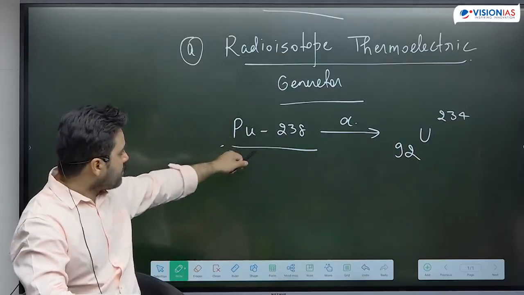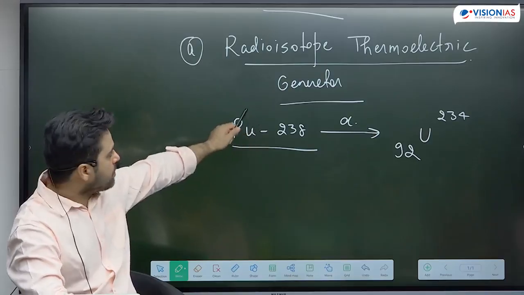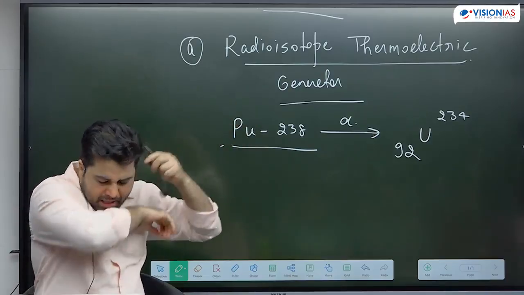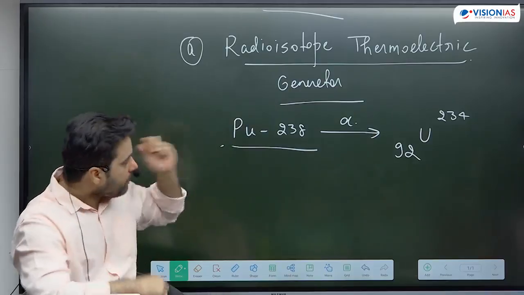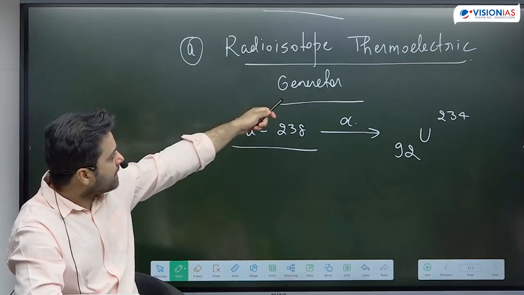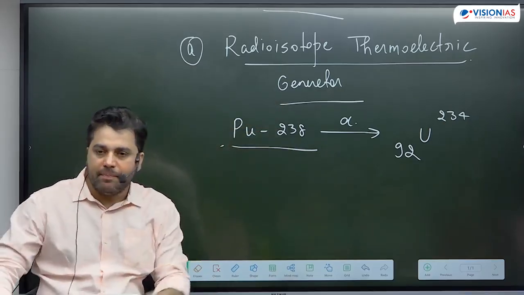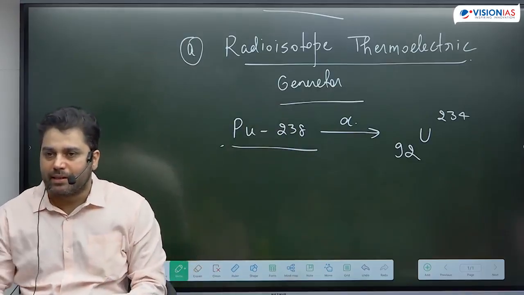What is a radioisotope? This plutonium-238 is a radioisotope which is being used to produce heat energy. That is what thermo means here. But that thermal energy is now being converted into electrical energy, hence the word thermoelectric generator.